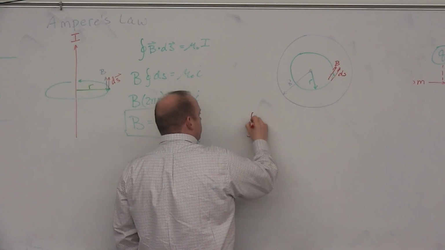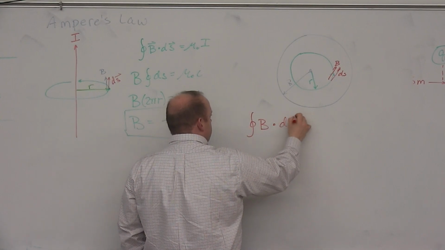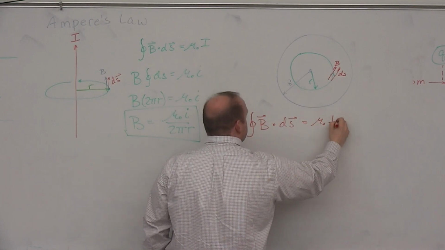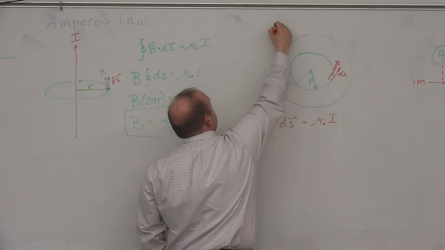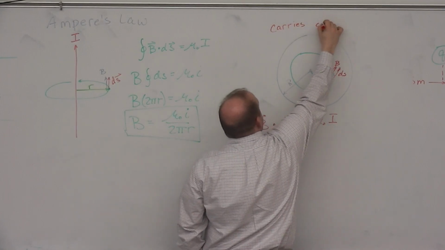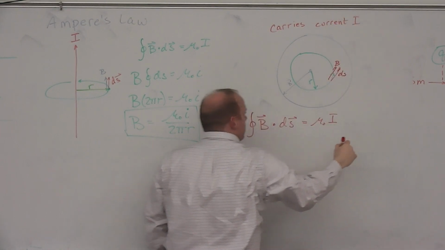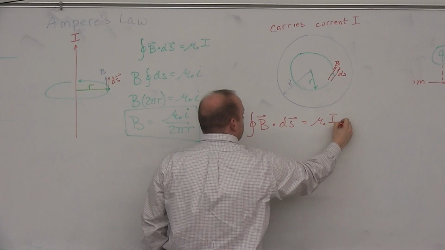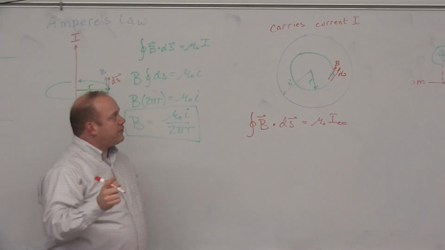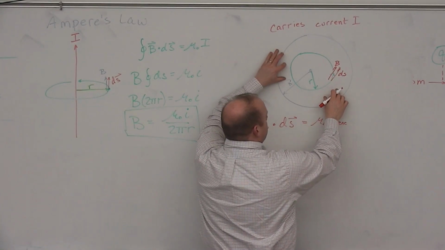So this is going to be B dot ds equals mu naught I. I'm going to say it carries current I. Now, I enclosed does not equal I, because current is carried outside here too.